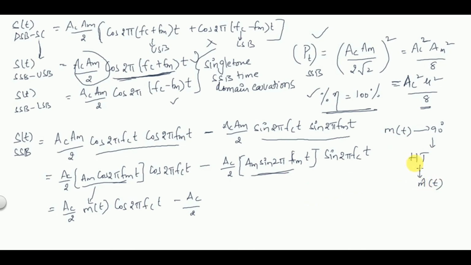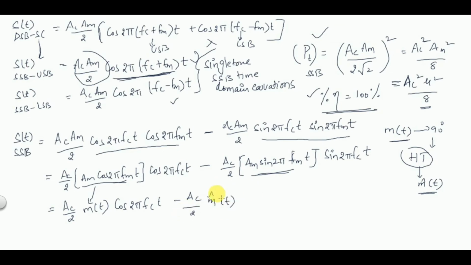We'll learn about the Hilbert transform in the signals and systems topic, and there I'll explain it very clearly, but as of now please remember that the 90 degrees phase shifted version of m of t is the Hilbert transform, represented by m cap of t.